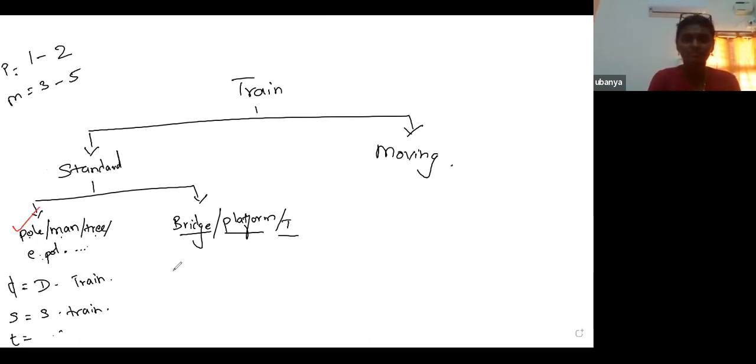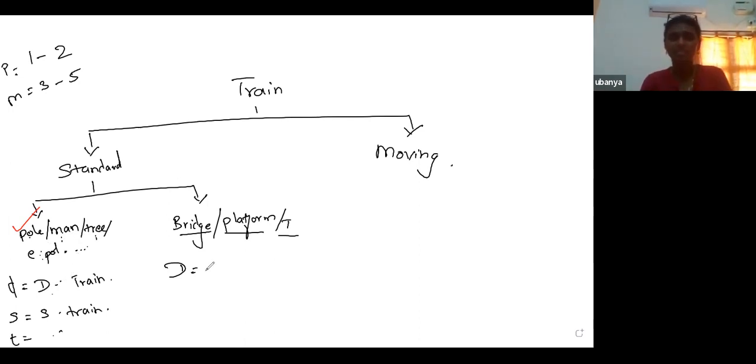The next one is if a train is crossing a bridge, platform, or another train which is standing still. What would be the distance? In the first case, where a train crosses a pole, man, or tree, the distance is the length of the train.